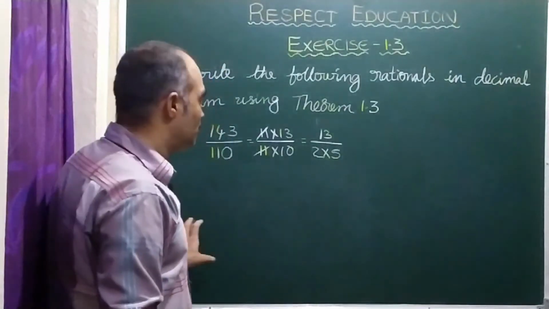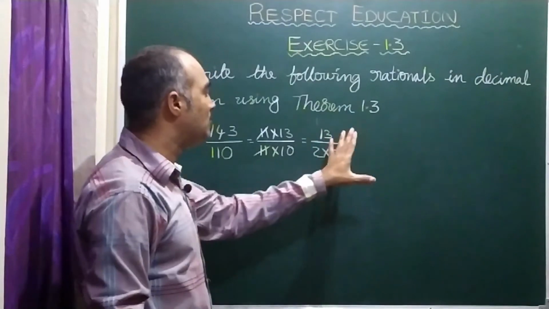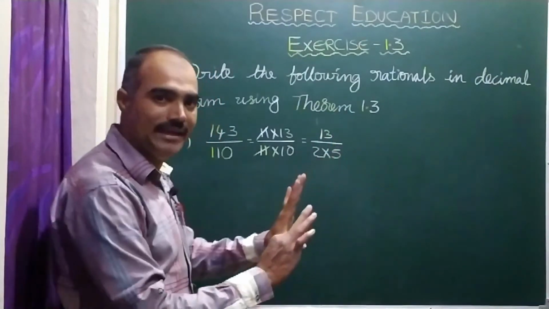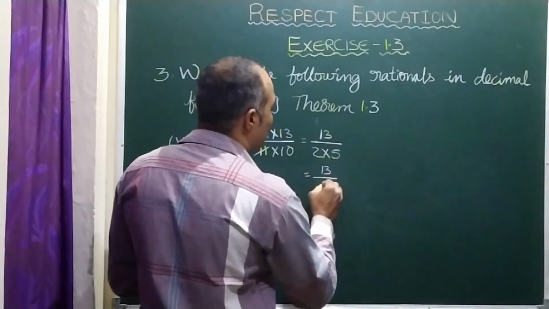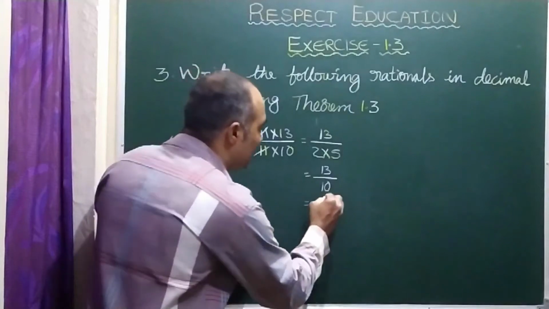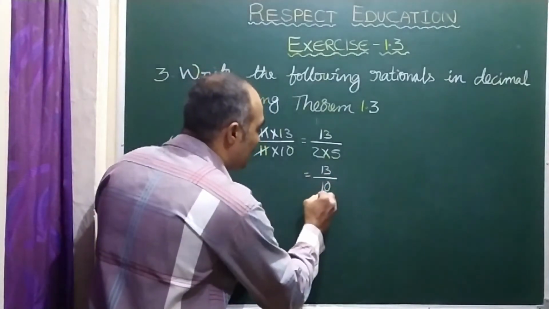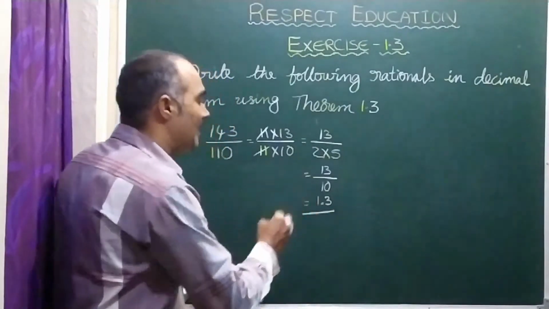So 2 is there one time, 5 is also there one time, so we need not multiply and divide with any number. Again, let us write this as it is. 2 5s are 10, so here 1 0 is there. So after the point 1 number should come, that is 3, and here 1 comes before the decimal. So for this problem, 1.3 is the right answer.